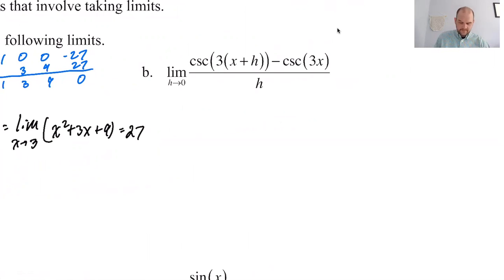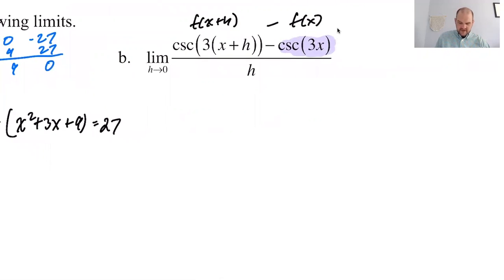Well, it would be f of x plus h minus f of x over h. So I think that my function must be this. So I'm going to say that f of x is cosecant of 3x. And I'm looking for just the derivative of cosecant. So I want f prime of x.